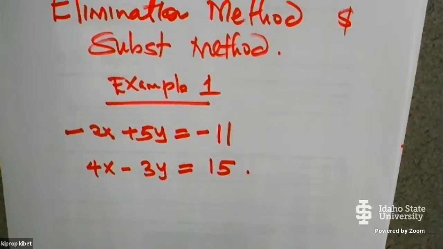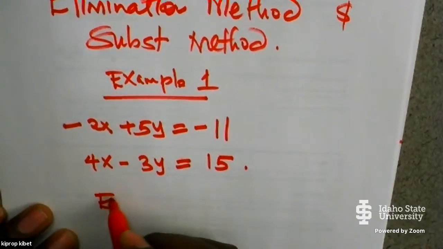So this is plus 5y plus minus 3y, and minus 11 plus 15. So you use the elimination method.